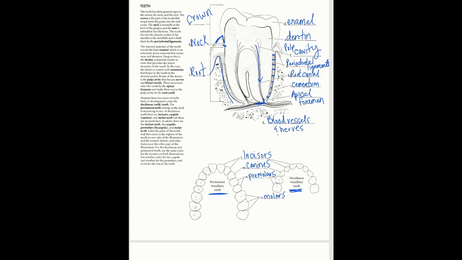Now, most people end up needing this 3rd molar, or your wisdom tooth, removed, and that's simply just based on jaw size. So if your jaw cannot accommodate the growth of those 3rd molars, they'll be removed. They also don't tend to show up until your late teens.